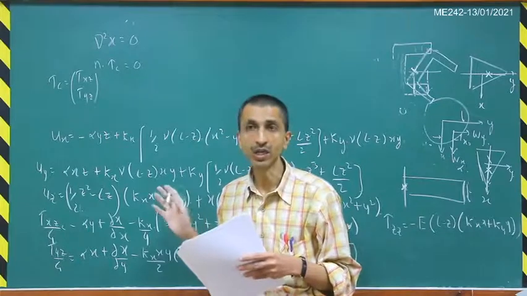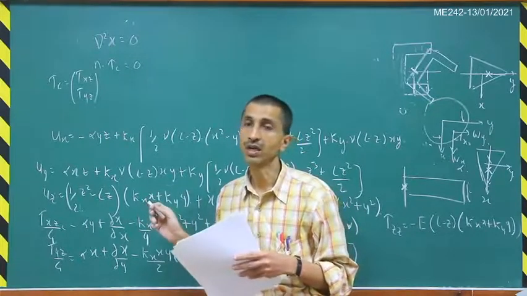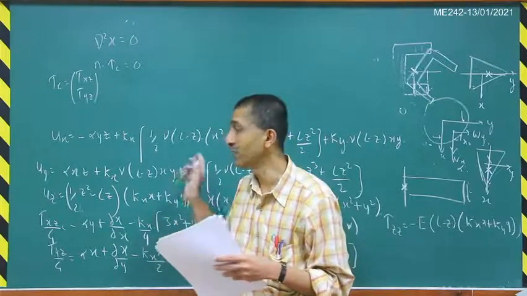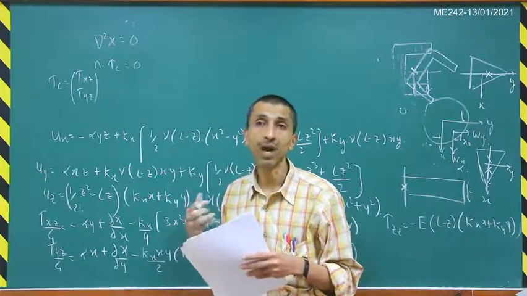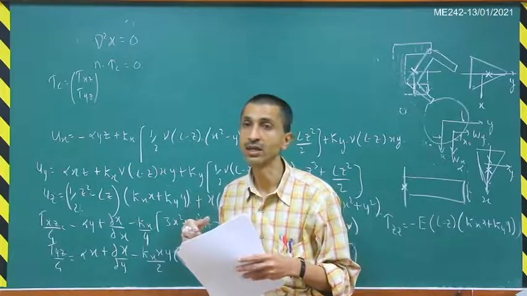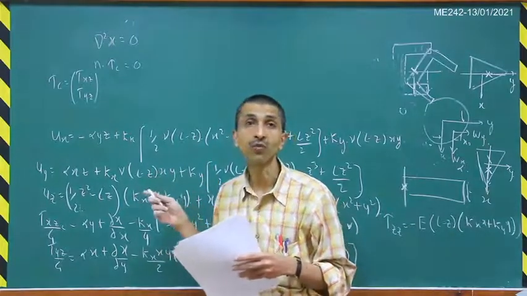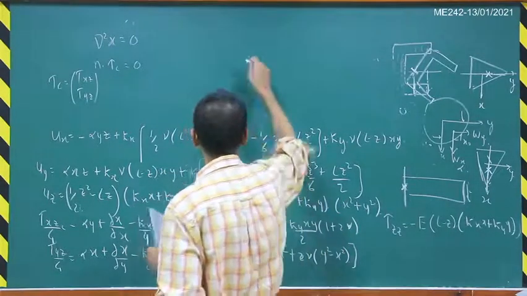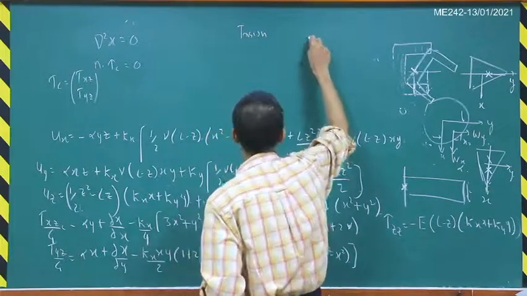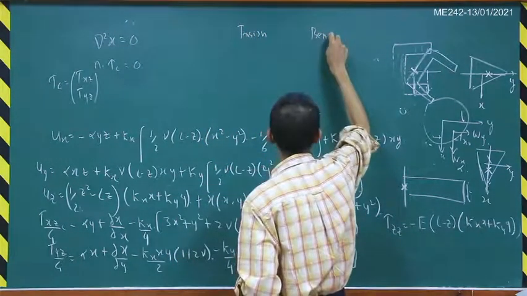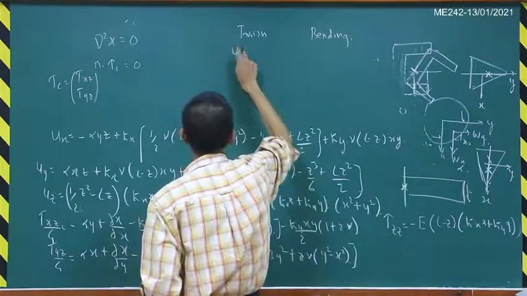Even in this bending problem, the function phi, which I had introduced earlier, is analogous to the Prandtl stress function, and this function chi is analogous to the warping function. So let me just write that analogy here. So torsion, and this is bending now, and so this is the warping function.